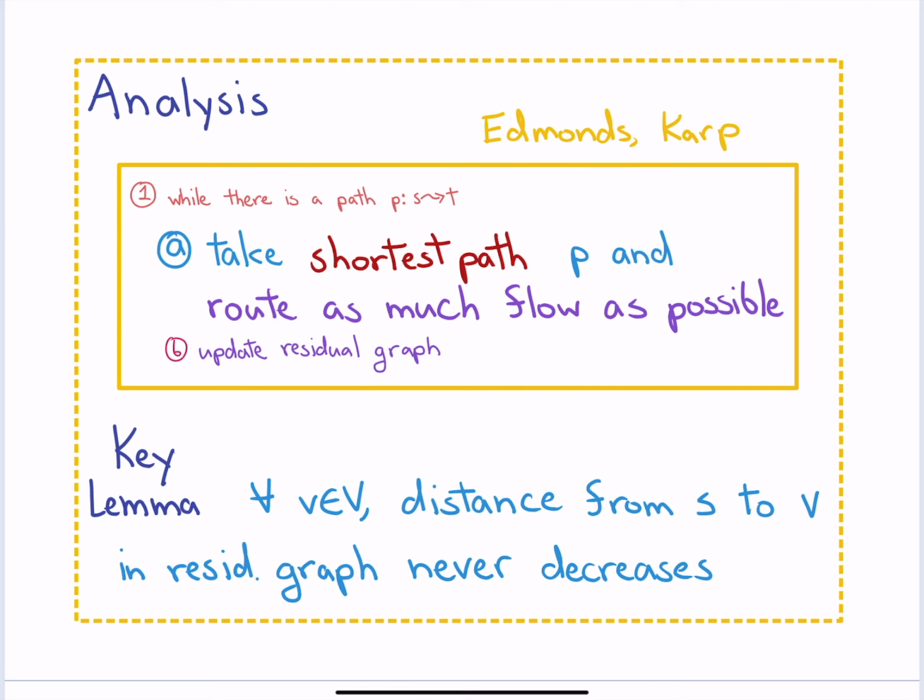And over the course of the algorithm, some of these edges get deleted from the residual graph, and other edges get reintroduced. So that distance from S to V in the residual graph may be going up and down or whatever. And the key lemma, the most important lemma, was showing that the distance from S to V never goes down, it only goes up. And that was actually the most important observation.